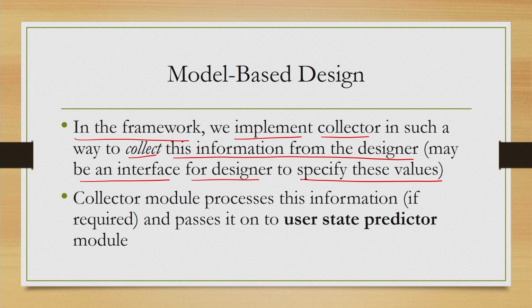That is the implementation of the collector module. Now, the collector module processes this information if required, that means if there is some conversion or some rounding off required and so on, and passes on this information to the user state predictor module.